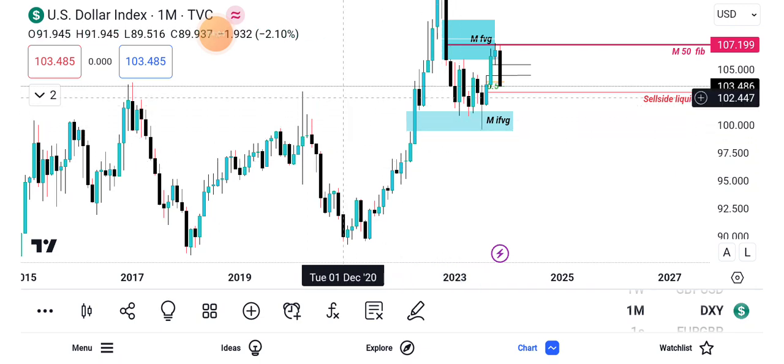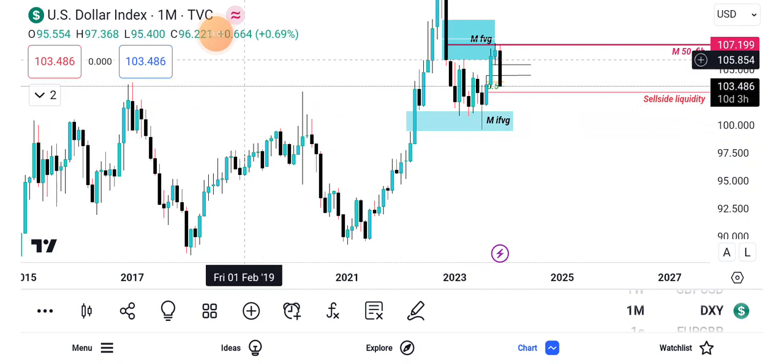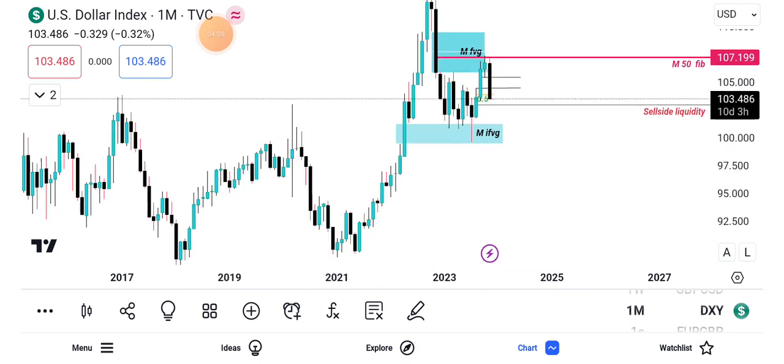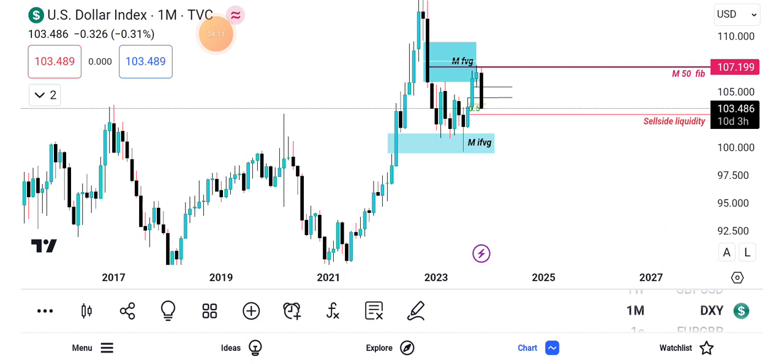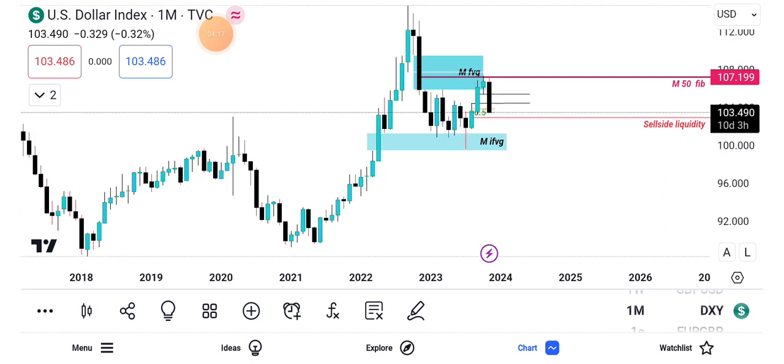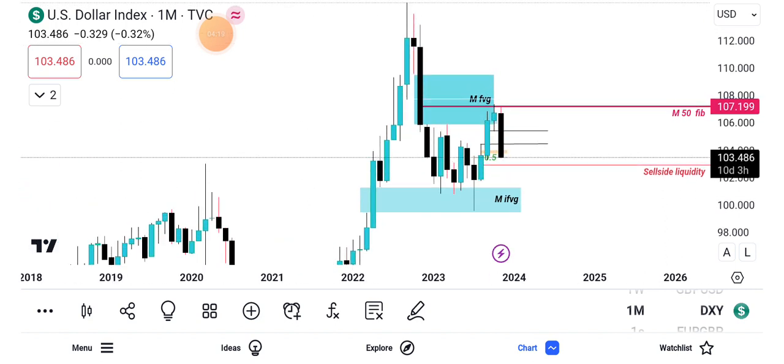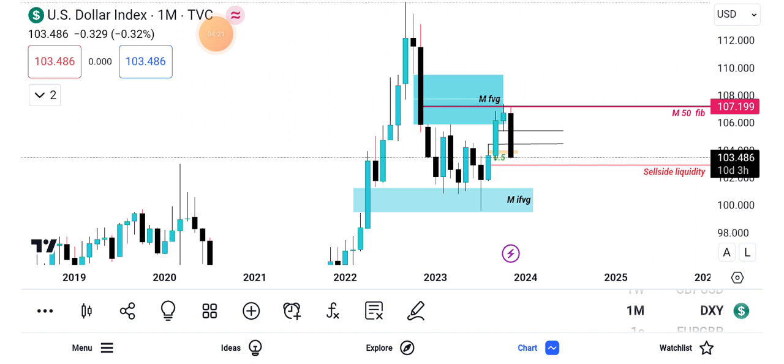By the way, this is DXY, the dollar index time frame, which is inversely opposite to EUR/USD, or the foreign currencies paired with the dollar. So whatever you see here will be the opposite in GU and also in EU and those other pairs.